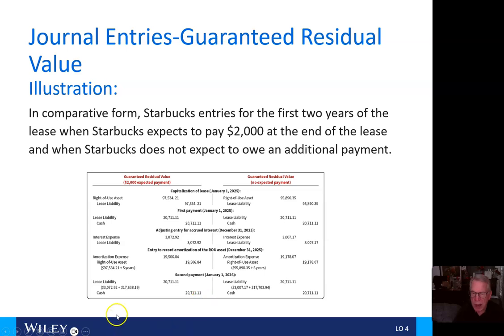And then again, we have our lease liability of $20,711.11 and a credit to cash for that same amount. I won't go through this column. All we do differently is the way that we calculate the present value of those payments.